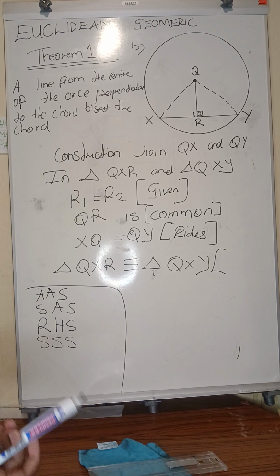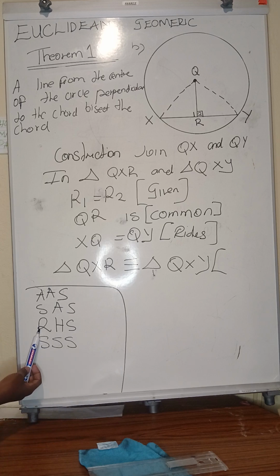Remember the last one, we proved by side, side, side. This is the right angle, hypotenuse, side. If you look at that one, we proved by the right angle, hypotenuse, and a side.